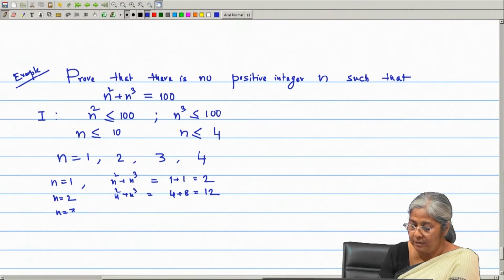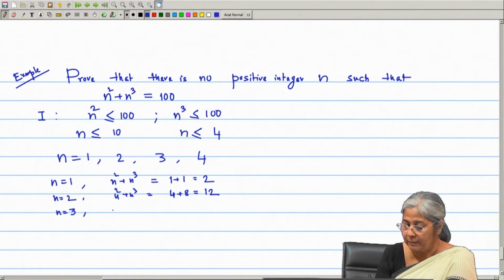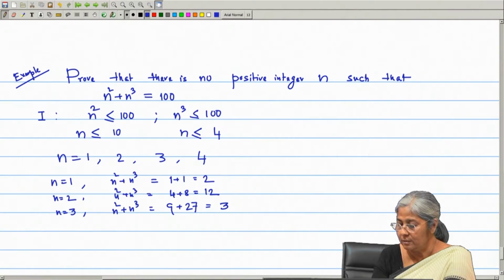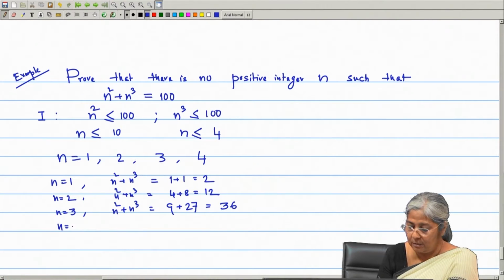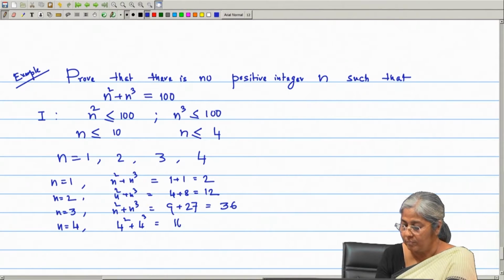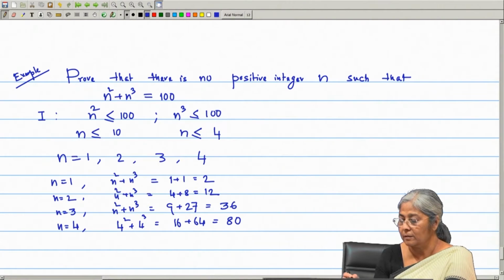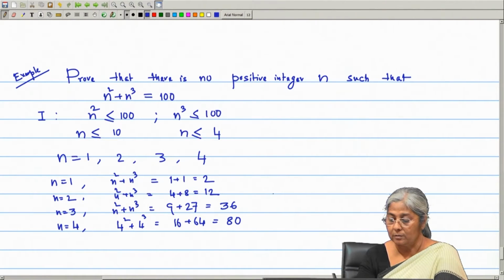For n equal to 3, it is 36. For n equal to 4, it is 80. So, none of these are equal to 100.